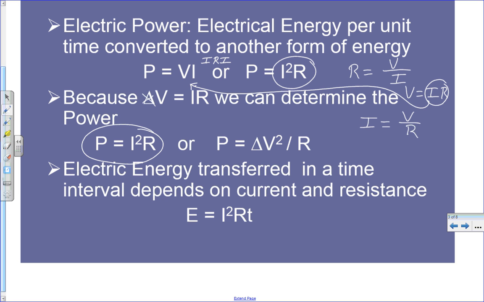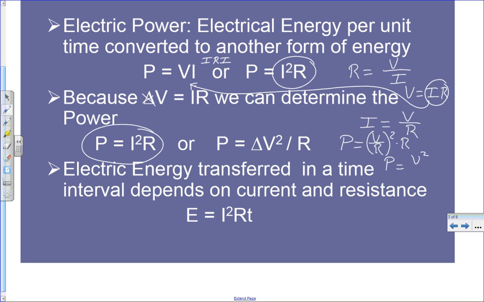If we substitute that into the equation for power, we have P is equal to V over R squared times R.